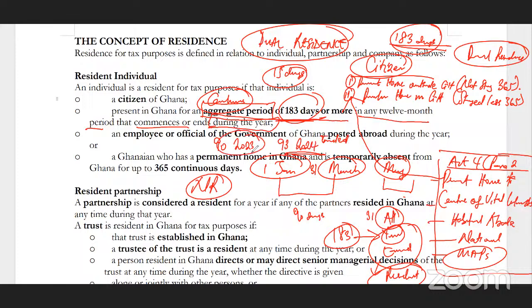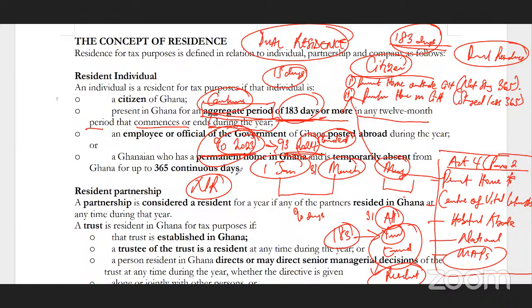So they'll count from here to 2024 and check whether you were a resident in 2024. If we want to assess 2023 too, we look at where the 183 days commenced. We can use that as a basis to determine your residence as well. So this is not anything complicated, but that is what it means. We use dates to assess whether your residence falls in a particular year or not.